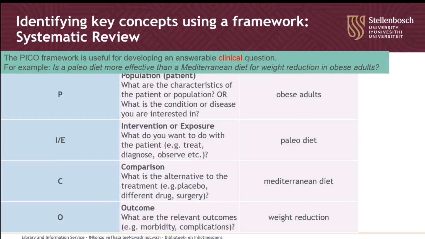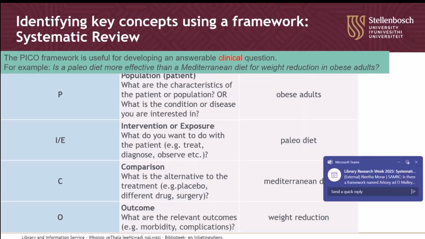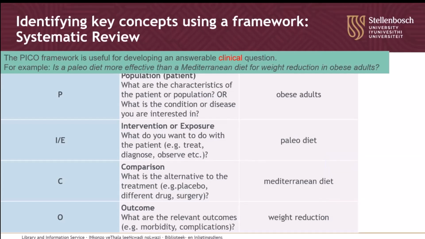If we look at the definition there, what are the characteristics of the patient or the population, and what is the condition or disease you are interested in? Just from the question, we are interested in obese adults, so we put that in there.